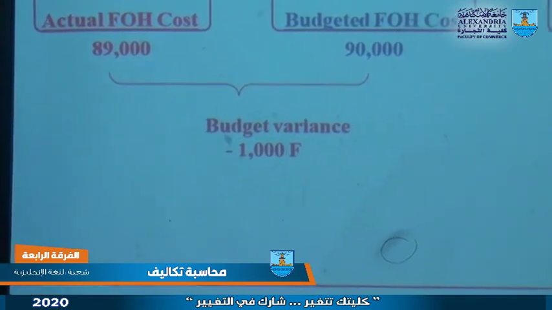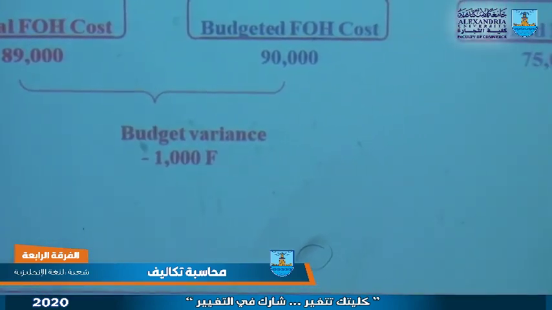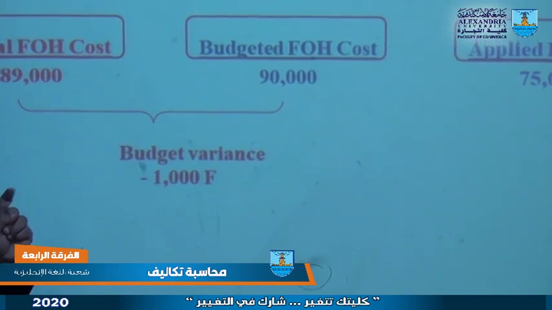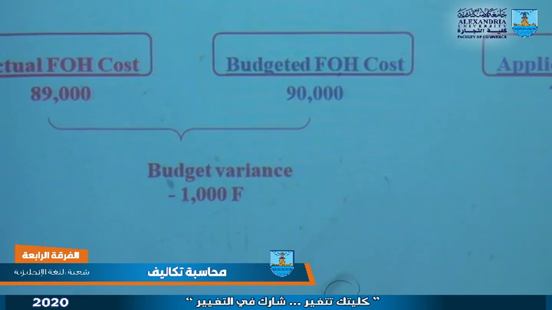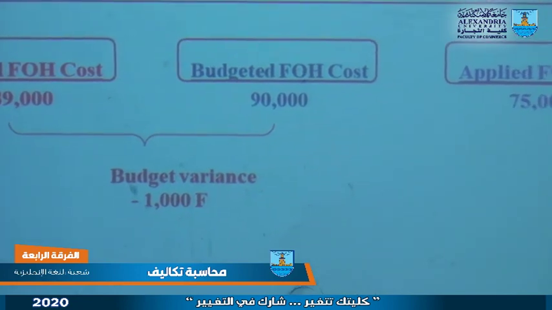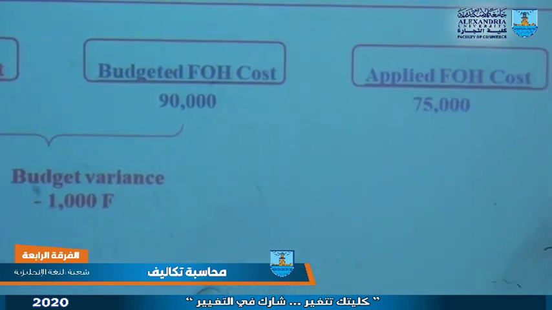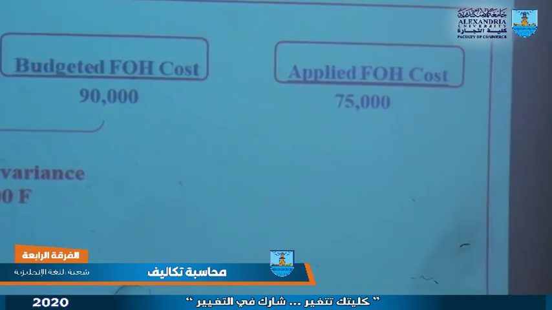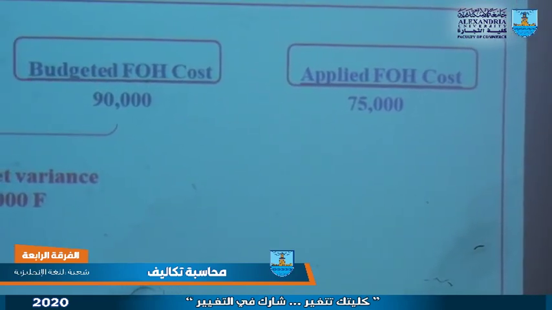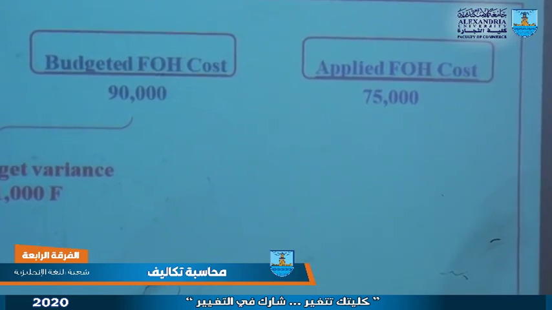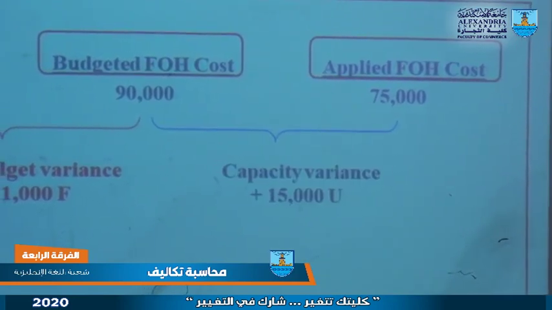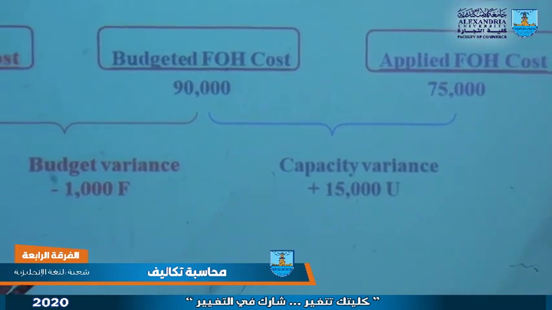The difference between budget and applied, 90 minus 75, is 15, so positive 15. It also has a special name: the difference between budget and applied we call the capacity variance.